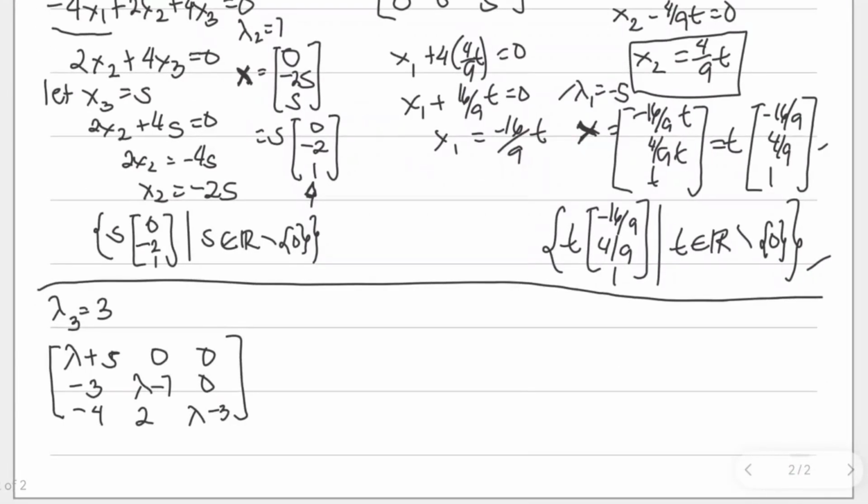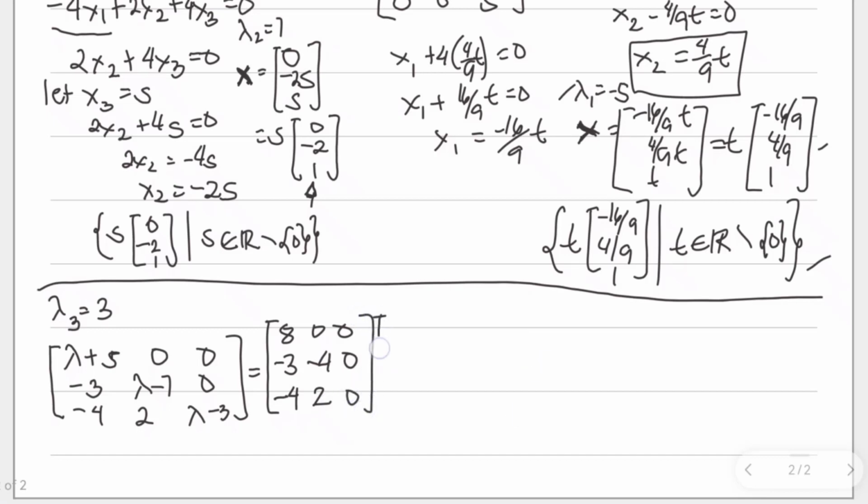Substituting 3, you will have this matrix. You will have 8, 0, 0. Negative 3, negative 4, 0. Negative 4, 2, and then 0 here.